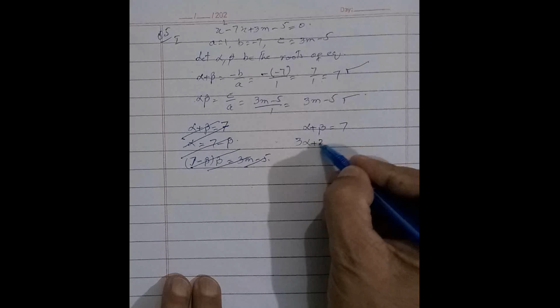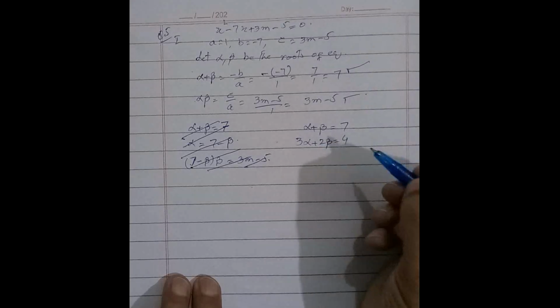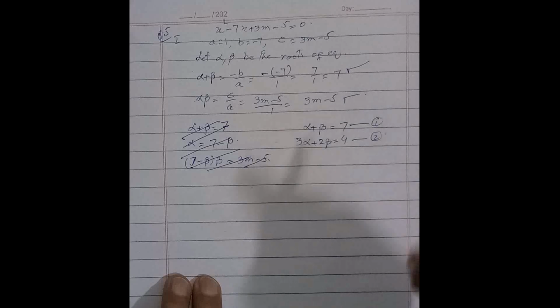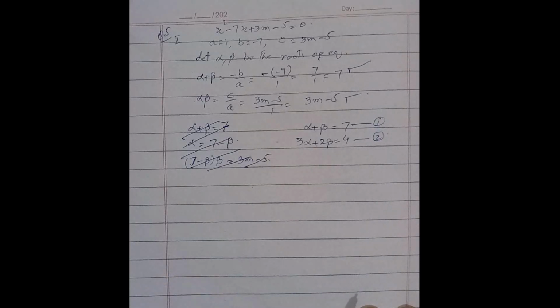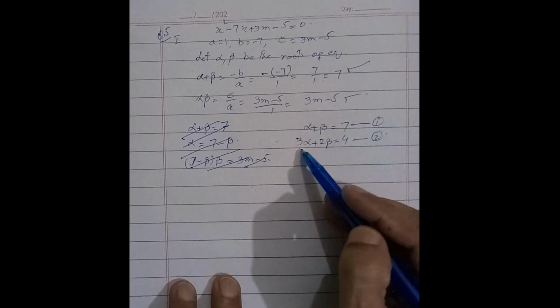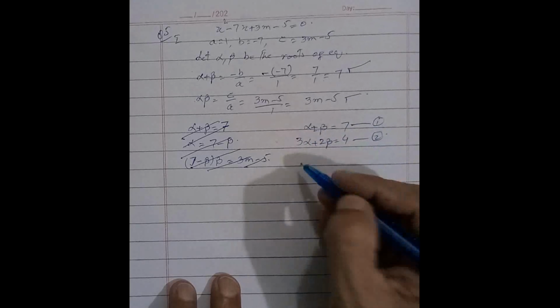and the other relation is 3 alpha plus 2 beta is equal to 4. These are two equations, 1 and 2, and we simultaneously solve these equations to find alpha and beta. So we first multiply equation 1 with 2 and equation 2 with 1.